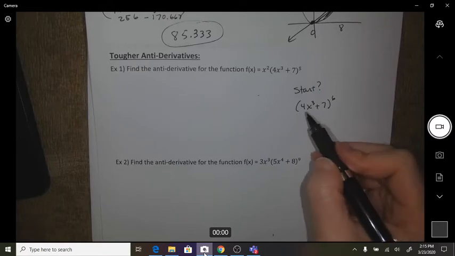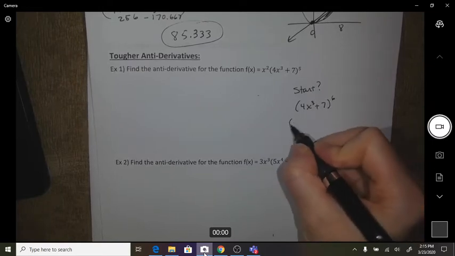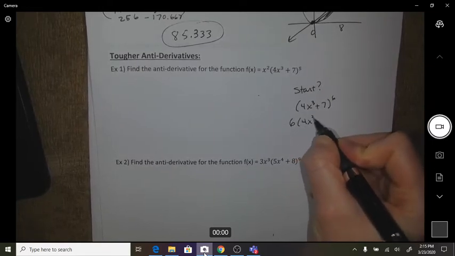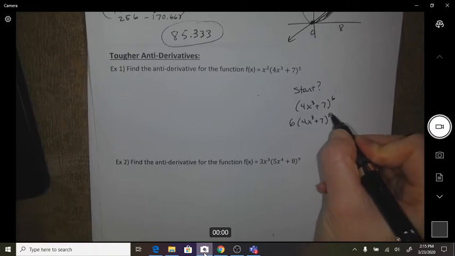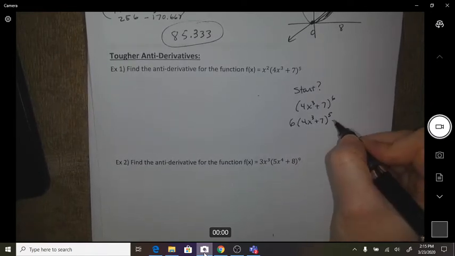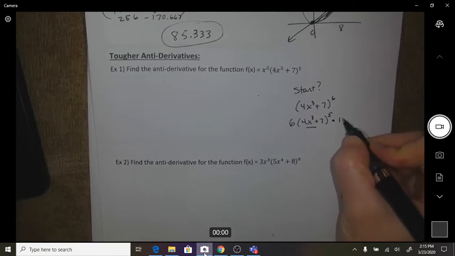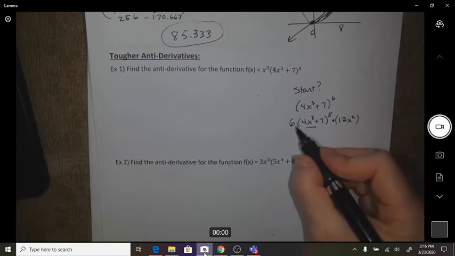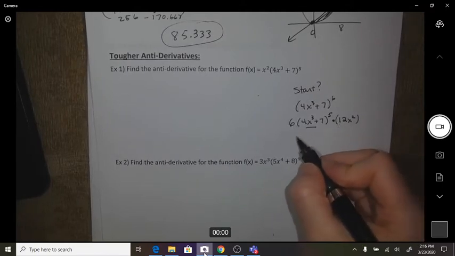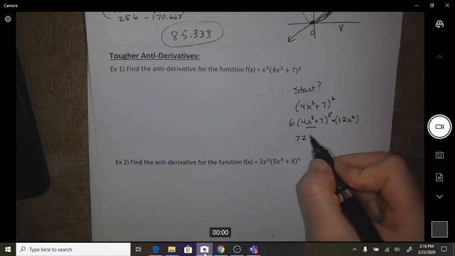If I derive this with the power chain rule, I get 6 of those to the 5th times the derivative of u, so 12x squared. So 6 times 12 is 72x squared.